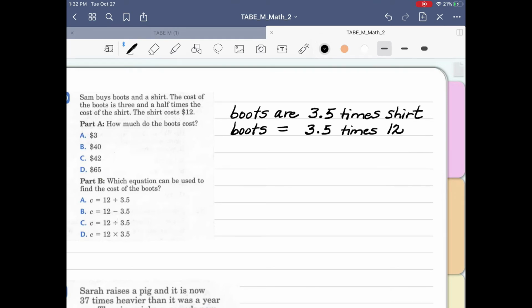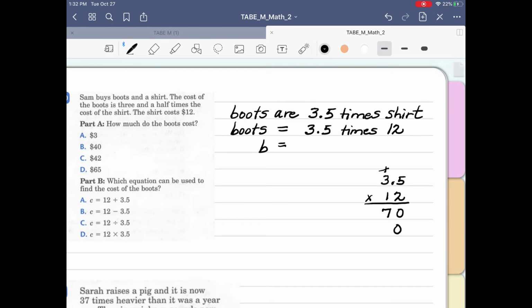And we don't have to use algebra this time. We can just multiply. 3.5 times 12. Now, I need to do that without a calculator. So I'm going to have to come down here and work this out. 2 5s are 10. 6 plus 1 is 7.